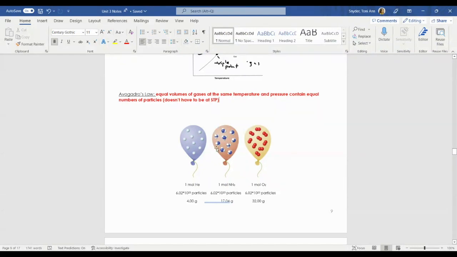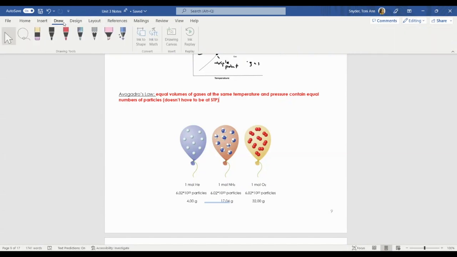Let's count this one. 1, 2, 3, 4, 5, 6, 7, 8, 9. And in this last one, 9 as well. So we're going to imagine that in this scenario, 1 mole is equal to 9, right? So all three of these balloons have the exact same number of particles. So we'll write here, these have the same number of particles.